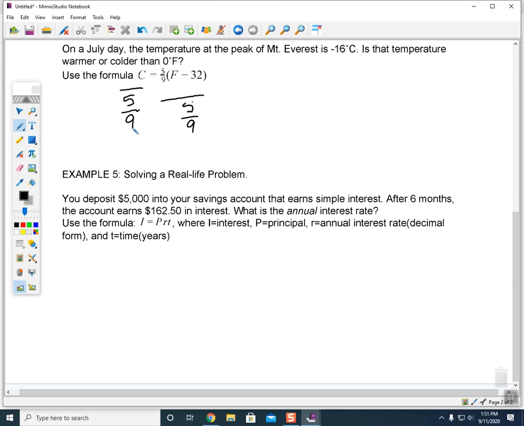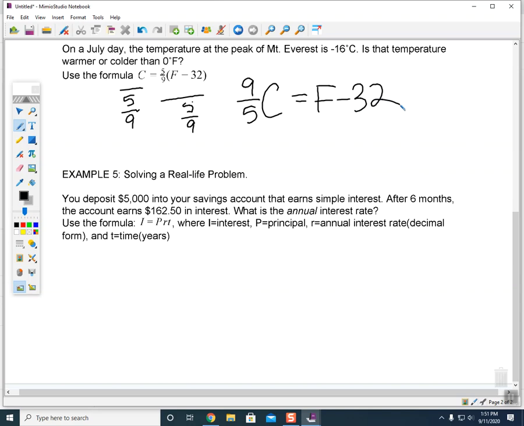I'm going to rewrite the left-hand side, though, like this. Why am I doing that? Keep, change, flip. I kept my C, changed it to multiplication, flipped my fraction. That equals Fahrenheit minus 32. And I need to divide again?